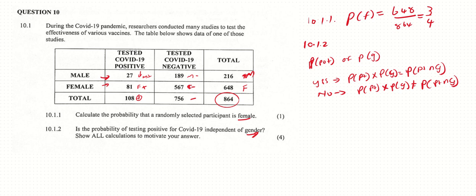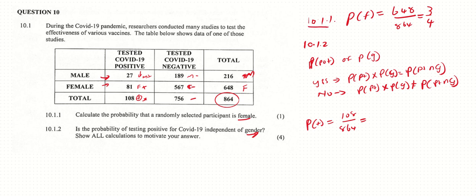Now let's look at this. We're dealing with the probability of being positive. So I mentioned that there are those who are positive. This is positive, regardless of the gender. So let's check out how many are positive. But here we looked for female.